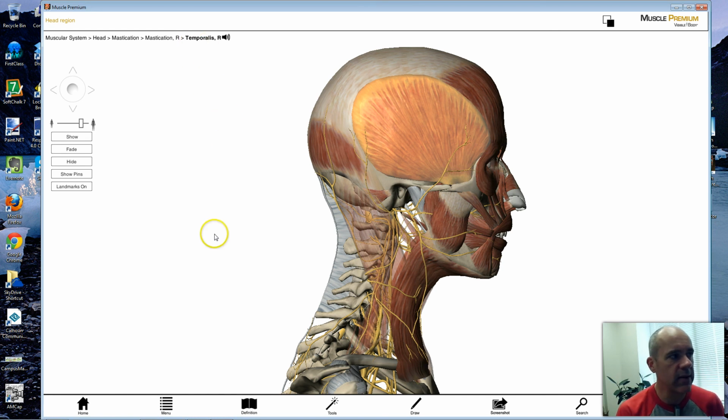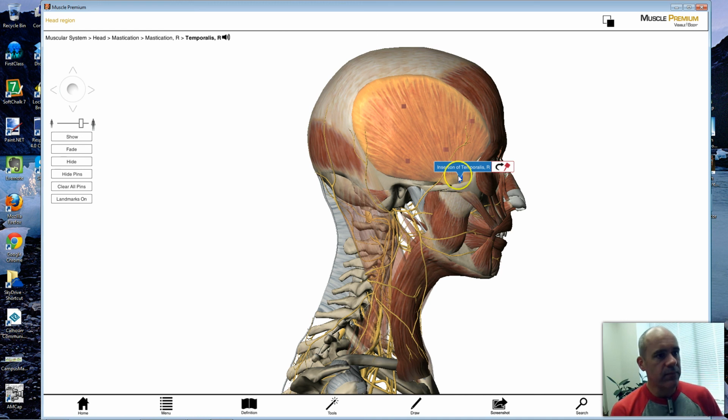This is the temporalis. And let's look at the origins and the insertions. The origin is embedded into the temporal bone over here. So this is the part that's going to stay stationary when this muscle contracts. And then your insertion point is over here, and that's actually on the coronoid process of the mandible, if you remember that from your bone anatomy.